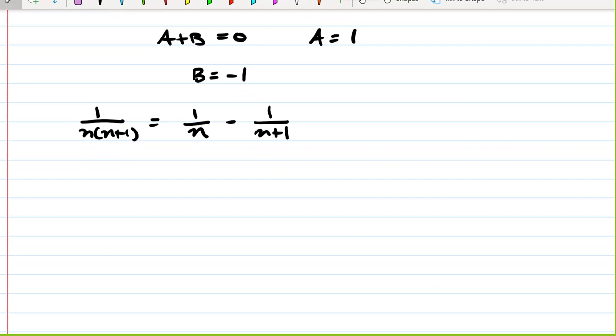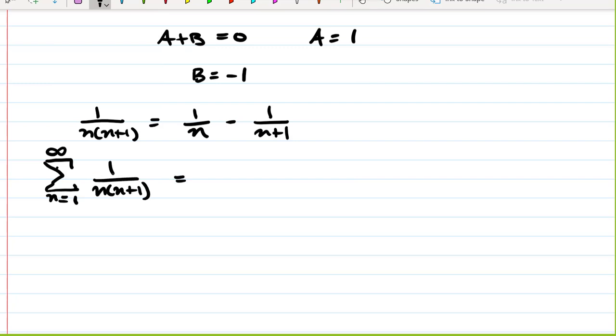So if we were to write out this series, I'm getting ahead of myself. We should write out the original series first, which is 1 over n times n plus 1.